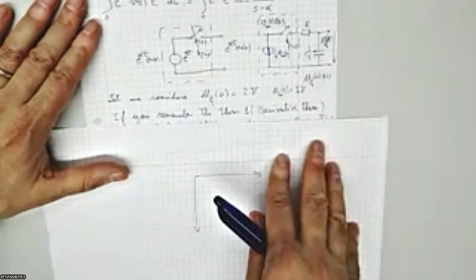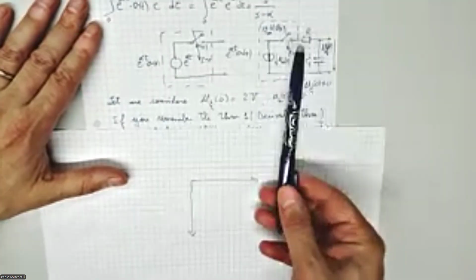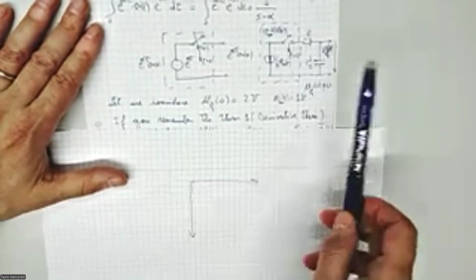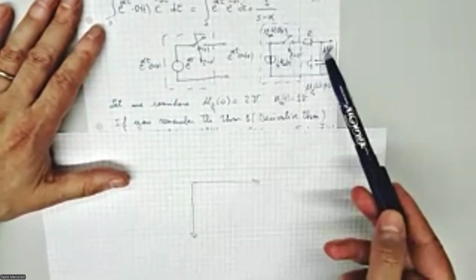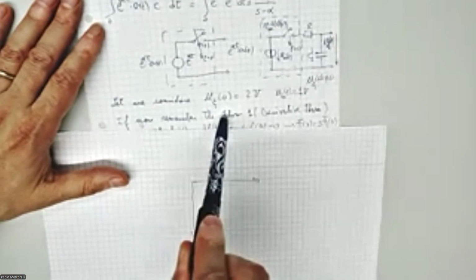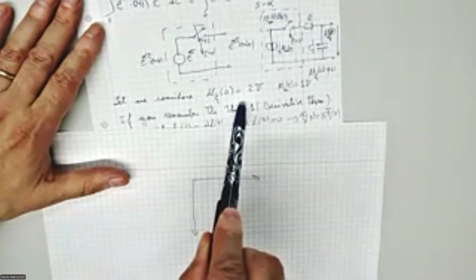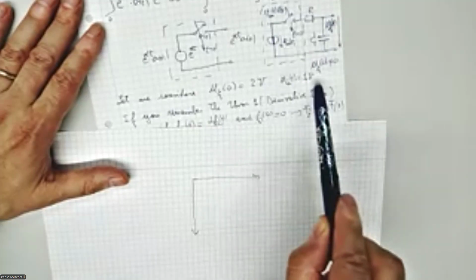Anyway, the problem is exactly in this picture. The picture is exactly what I told you last time. At time 0 it is going to 0, and then the question is to calculate, for instance, what happens. What happens means to calculate UC of t. The initial condition of the capacitor, written here, is 2 volts and the input is 1.